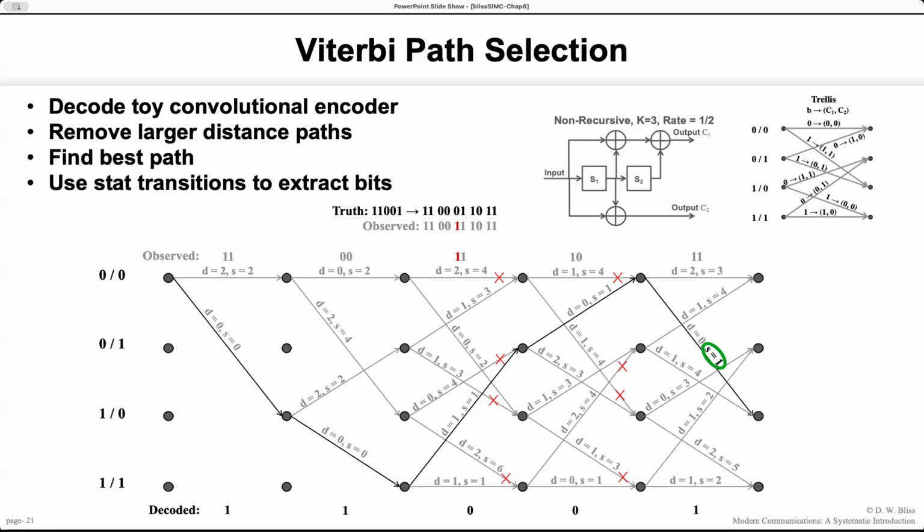A lot of modern coding has moved on to using LDPC and polar codes, but convolutional codes and sometimes block codes are still used. A more thorough discussion of this is beyond the scope of what we're trying to do in this introduction to modern communications. But hopefully this will give you a flavor of how this works.